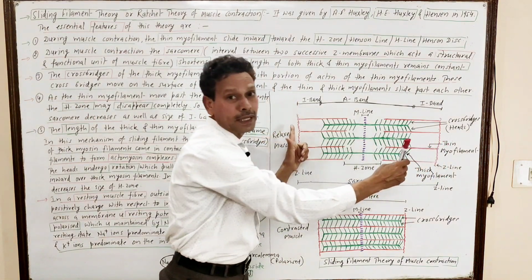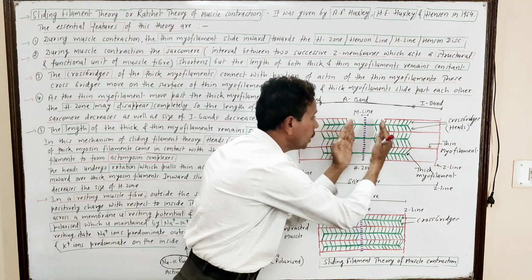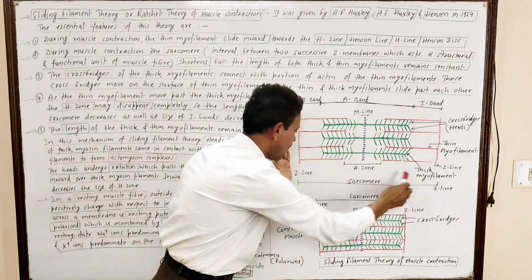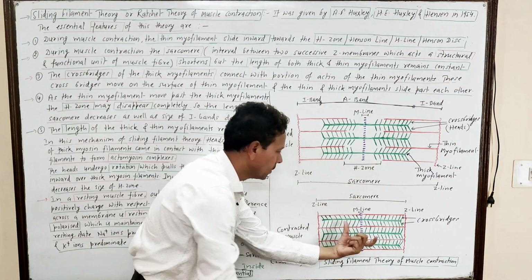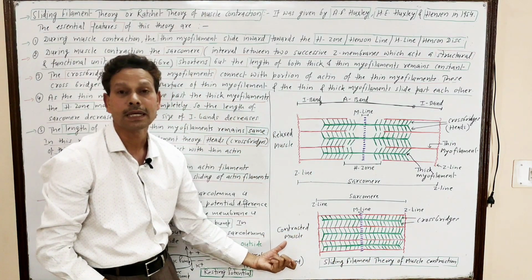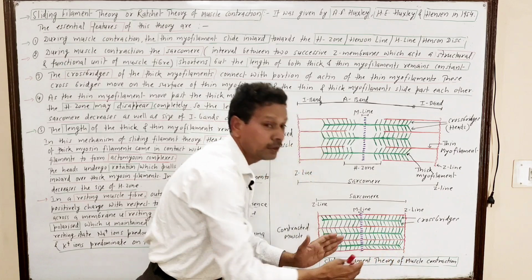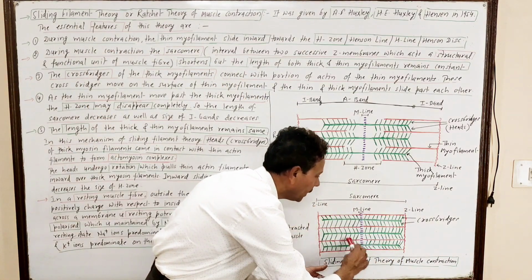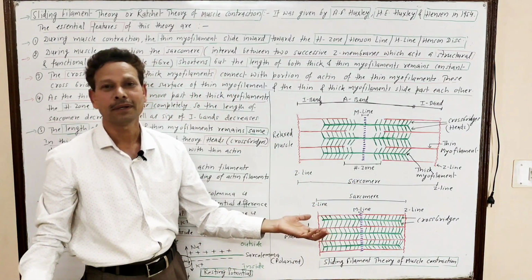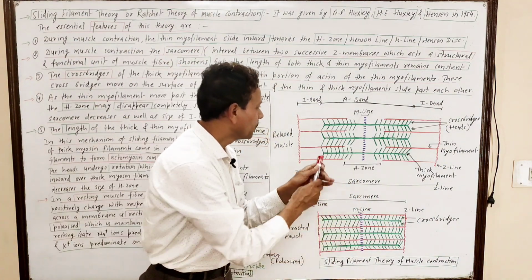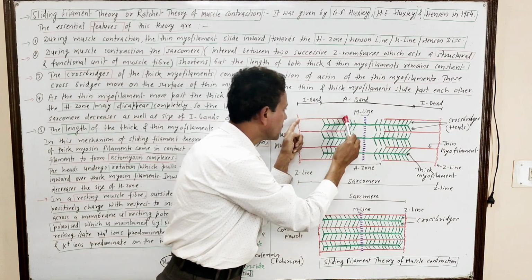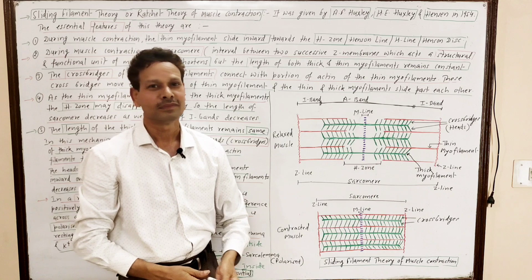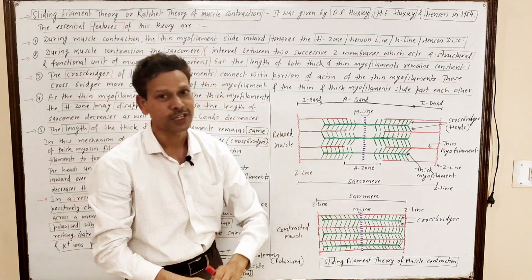Both Z membranes come close to each other, so in the contracted state of muscle the sarcomere length gets shortened. The H zone completely disappears, and the length of the thin as well as the thick myofilaments remains constant.